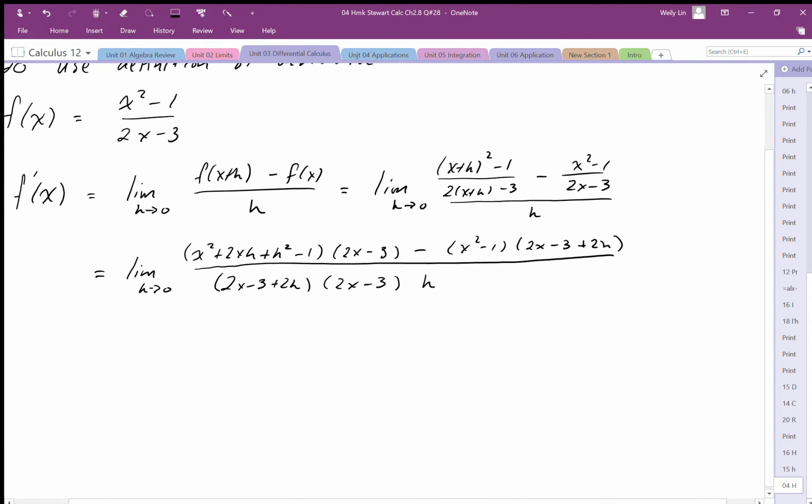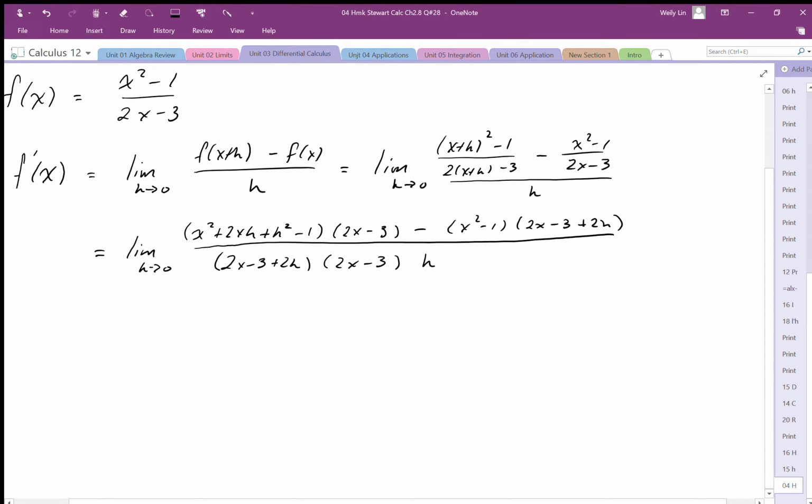Okay, so this now looks a little bit simpler, so we're going to expand and combine like terms, and hopefully we have enough x terms to cancel out to get rid of this divide by h. Okay, because that's our goal.